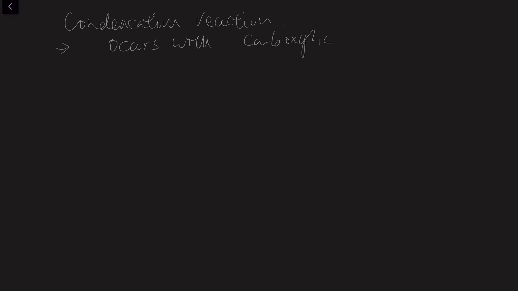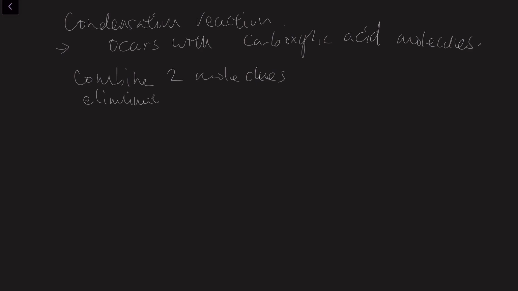Now let's look at condensation reaction. The condensation reaction commonly occurs with carboxylic acid. It involves a combination. You combine 2 molecules and eliminate one small molecule, which is typically just a water molecule.